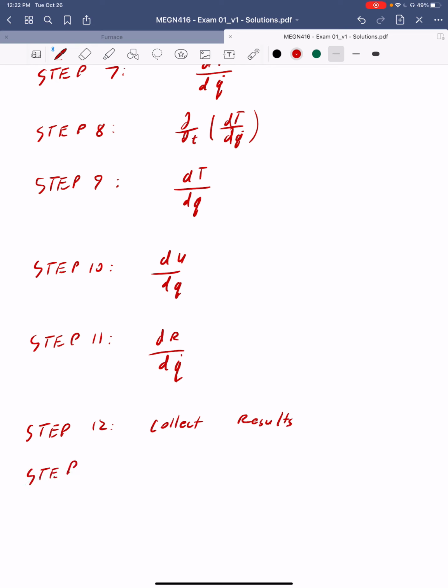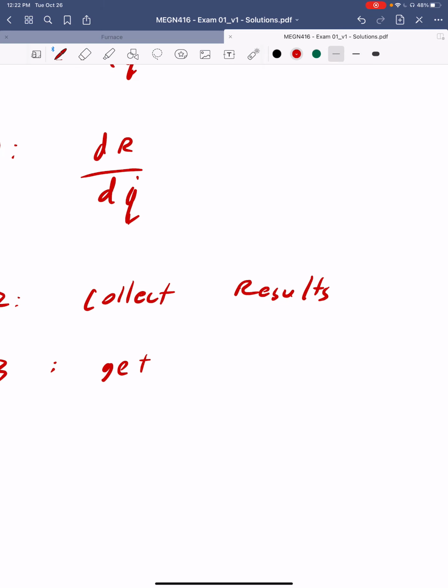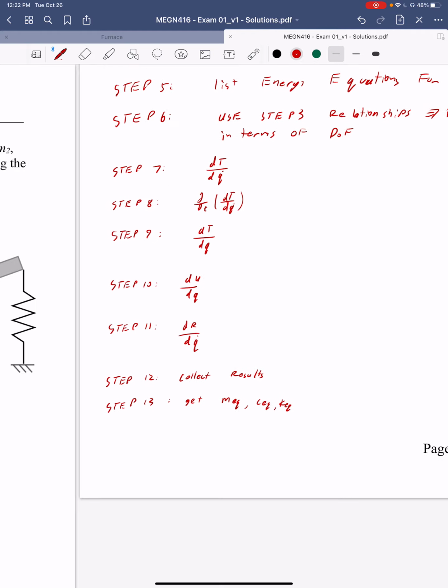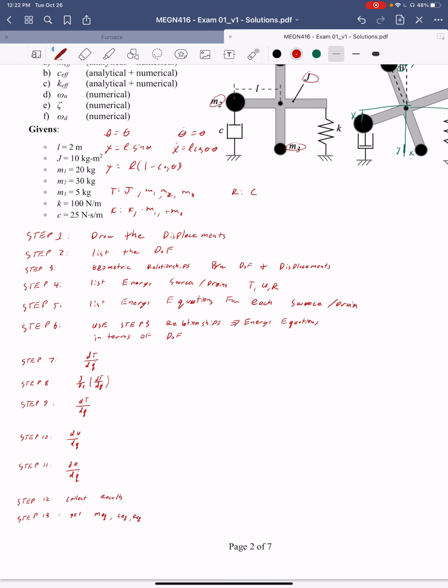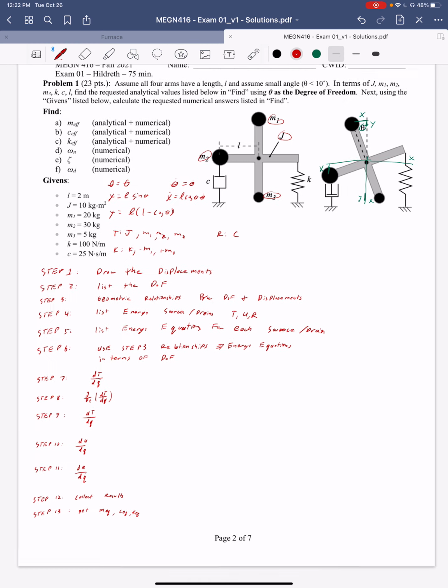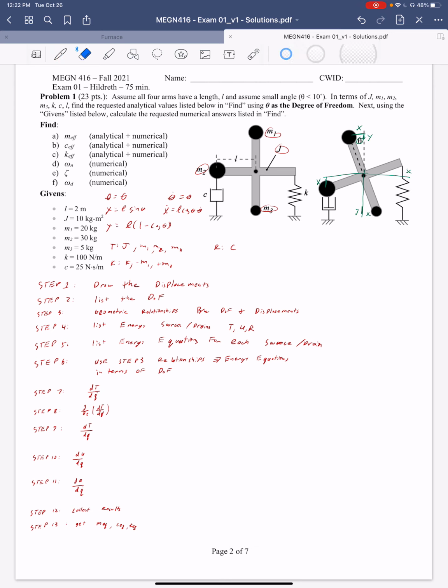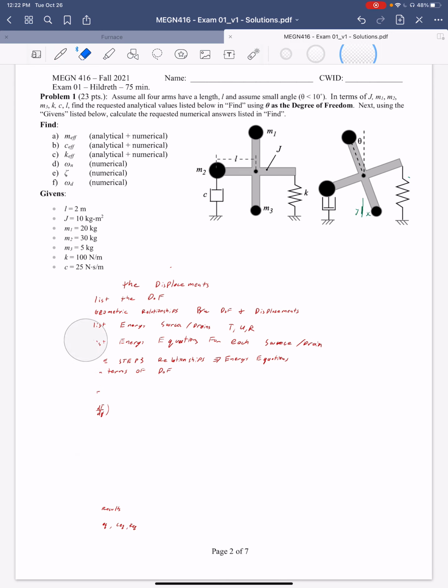And step 13 is from these collected results, we're going to get the equivalent masses, MEQ, CEQ, KEQ. Okay. So those are the steps we're going to take. So let's go through this particular problem and do all those steps, ideally together, but at least this way you have a video of them.